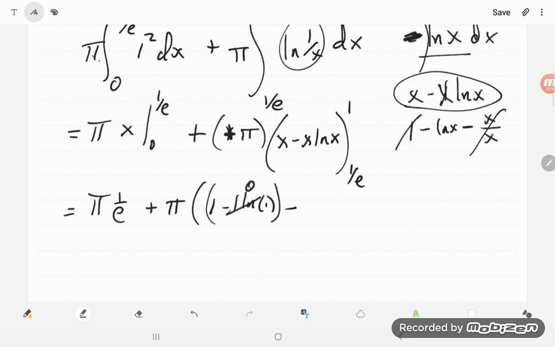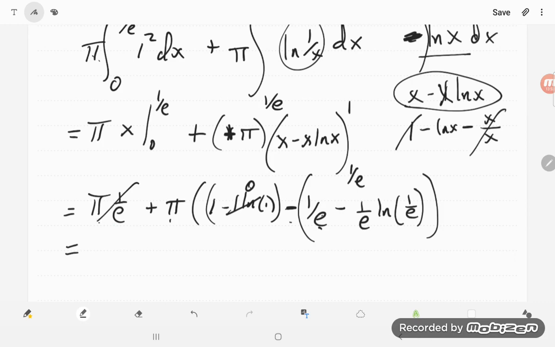So I get that, and then minus 1 over e log of 1 over e. So this pi times 1 over e, here's a pi times minus 1 over e.